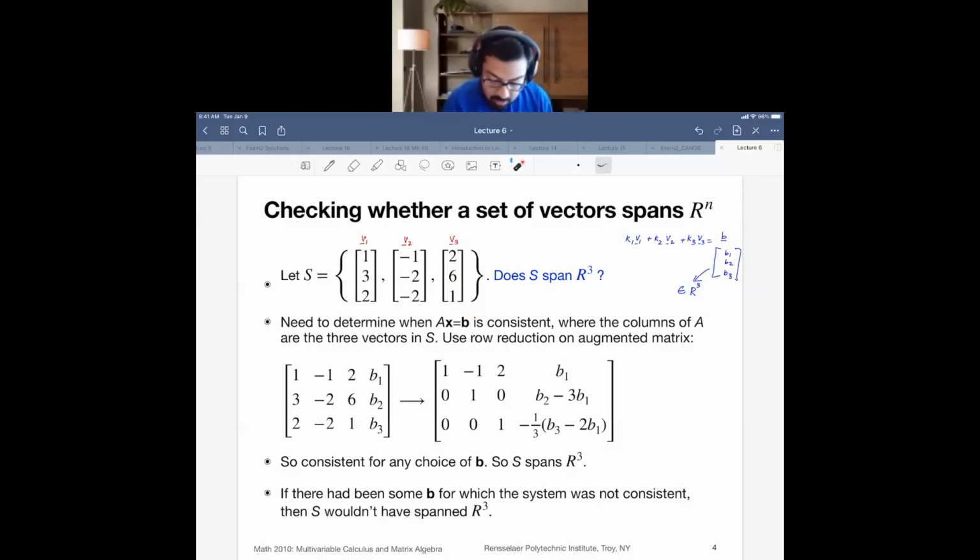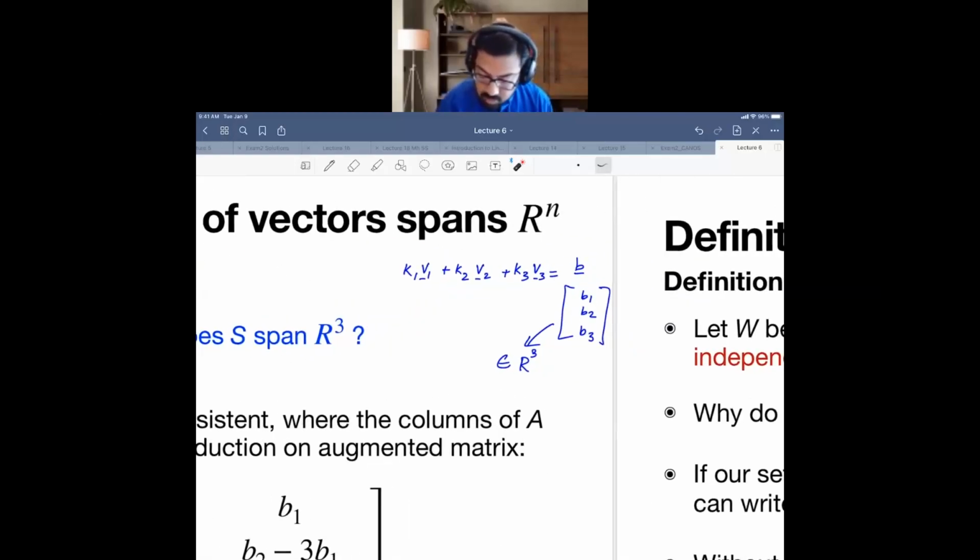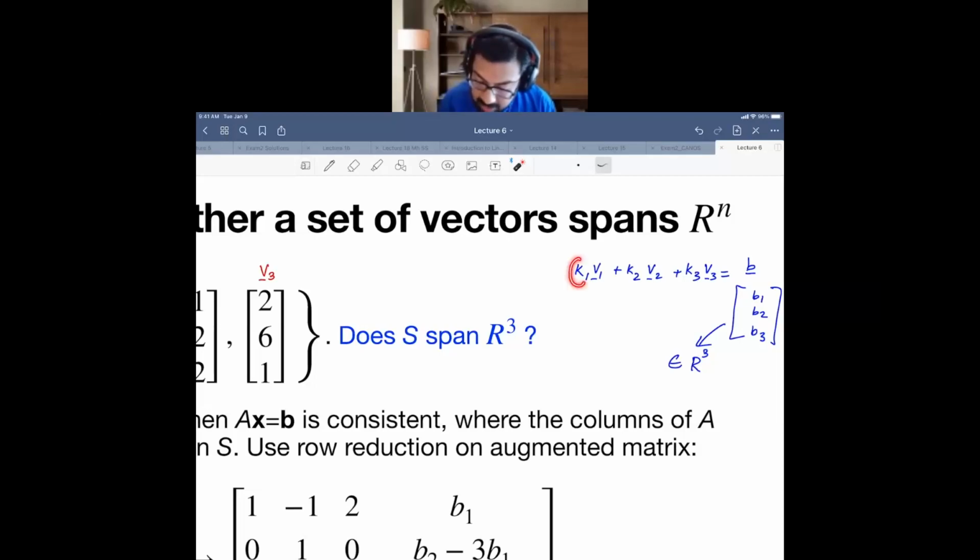So I have got the first vector here, the second vector here, and the third vector here, and I have formed the augmented matrix with B1, B2, B3. So just to clarify, I've got K1 amounts of V1 plus K2 amounts of V2 plus K3 amounts of V3 equals this. That's what I was trying to go for.